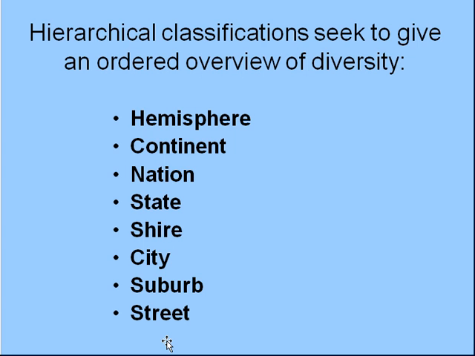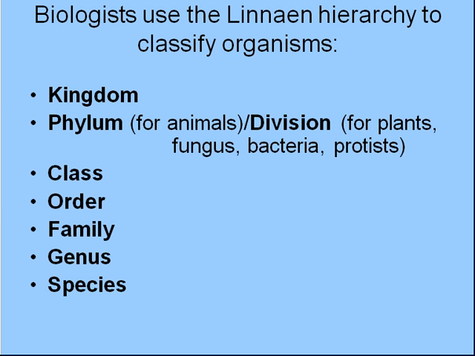Okay. With biology, we use something called the Linnaean hierarchy to classify organisms. So this guy, Carl Linnaeus, he was in the 17th century, and he's sort of the father of modern taxonomy because people before that classified things as horses, and they would have classified everything that was a jellyfish as grouped together as jellyfish.